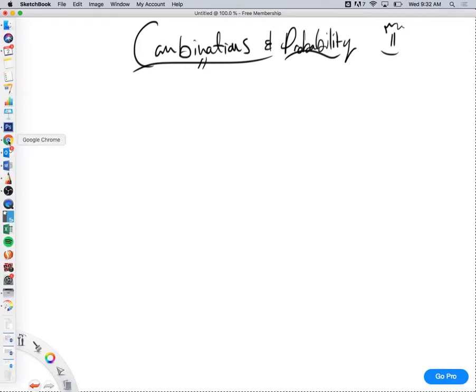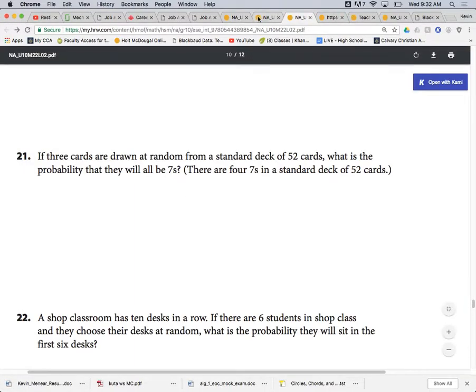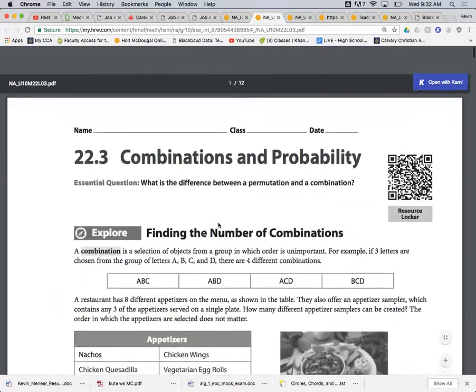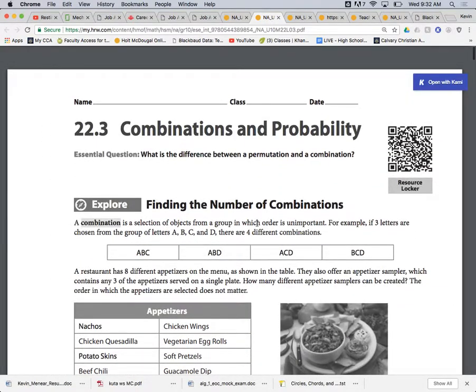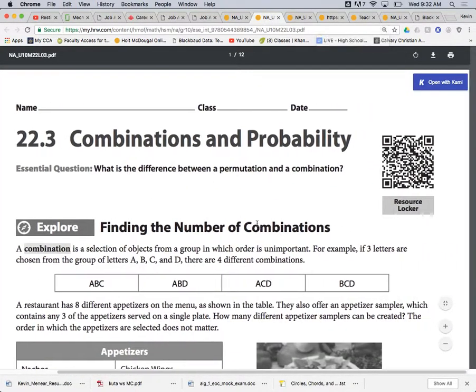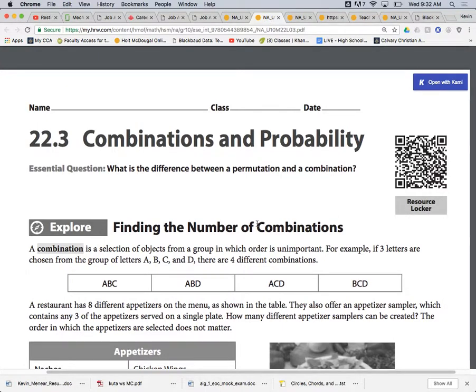Now let's take a look, 22.3. What is the difference between a permutation and a combination? That is the question. Well, in a permutation, order matters, and in a combination, order doesn't matter.